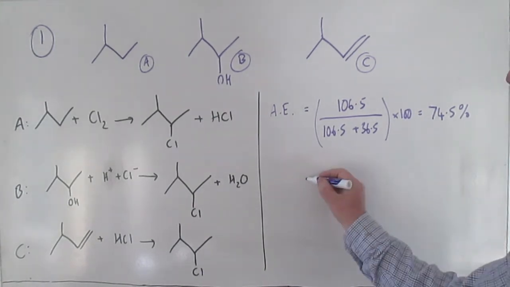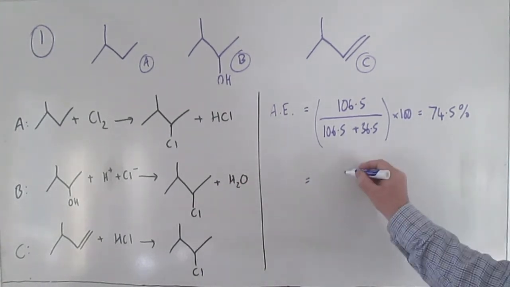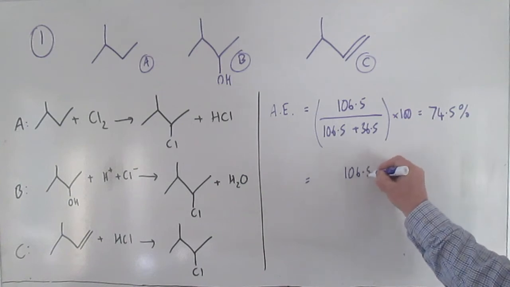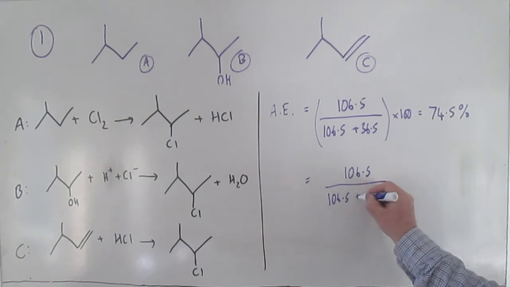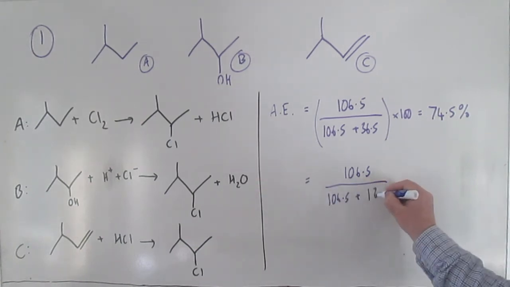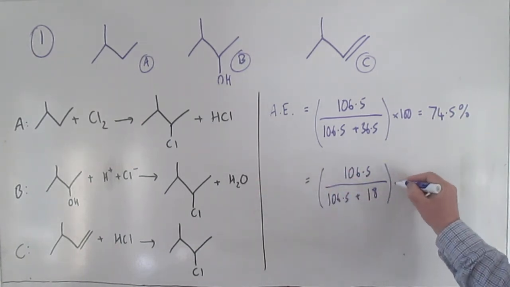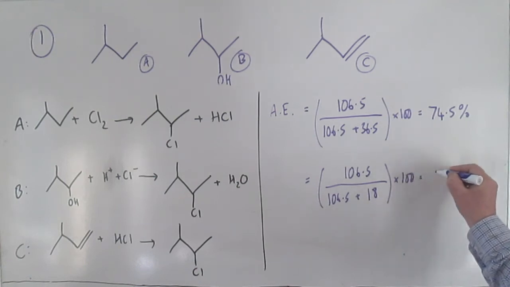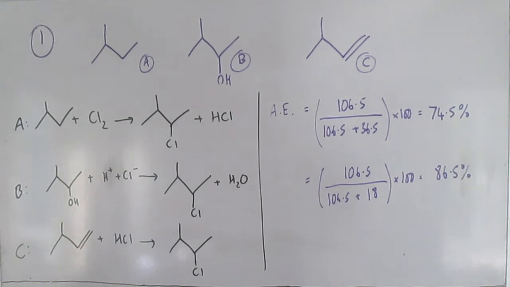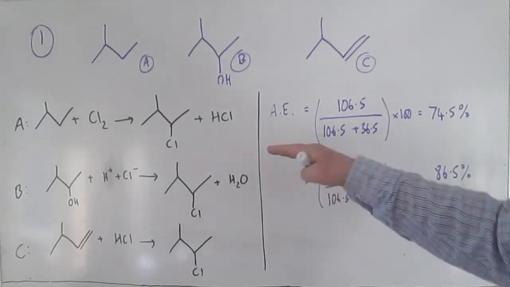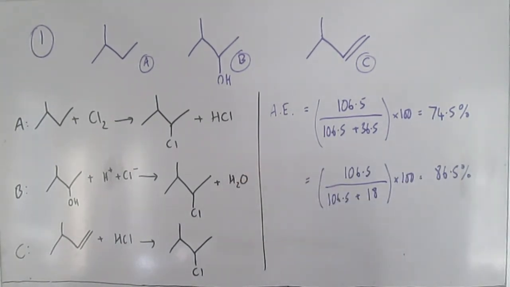If we do the same thing for this one, again same product, so same MR on the top, 106.5 divided by 106.5 plus water's the other product, so just 18 this time, times 100, and that works out as 86.5%. So it's a higher atom economy because although you're still producing a waste product as well, it has a lower MR, and so it messes up your atom economy that much less.